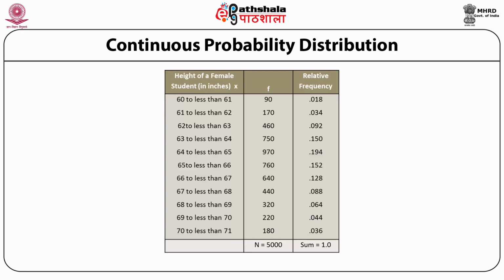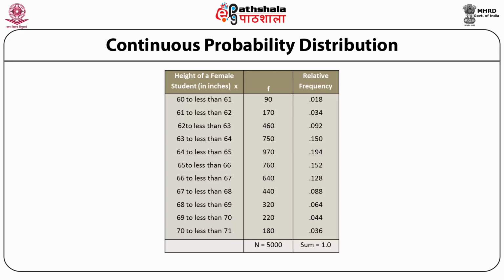Again we will take the midpoint of 62 and 63, and corresponding to it we will plot the frequency. Frequency is 460, and accordingly the relative frequency for 460 is 0.092. So we will plot here 0.092, a number which is less than 1, and so on.